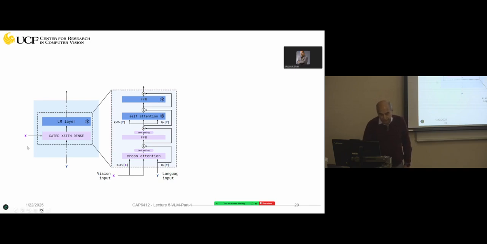We have an image X, and we have the text Y. It's called gated cross attention. So we take the input image, we make key and value, and we take the language, we make a query, and we do the cross attention. You've learned that. Then we apply the tanh gating and do the skip connection, feed forward, and we do the same thing for the next layer and so on.